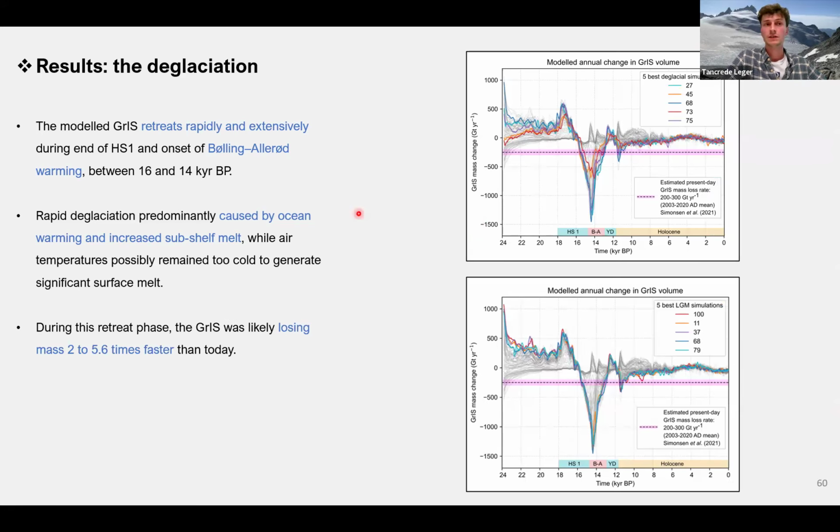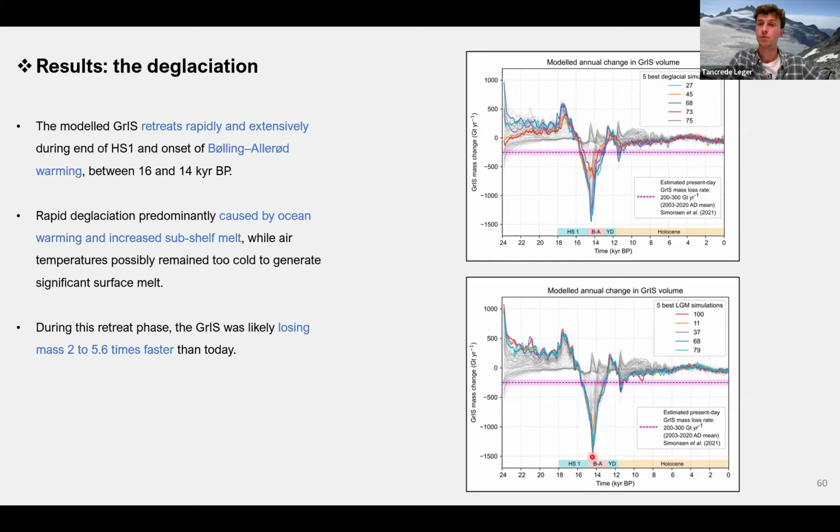During this retreat phase, the ice sheet was losing mass potentially 2 to 5.6 times faster than today, according to this modeling. Here I've plotted the present day estimates of mass loss rates, which is between 200 to 300 gigatons per year, an average over the period of 2003 to 2020 in this paper by Simonsen et al.